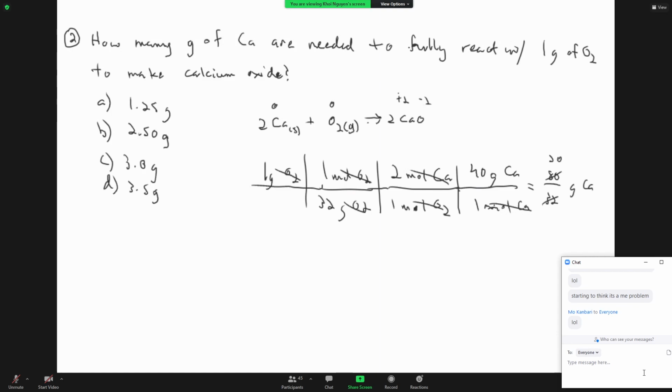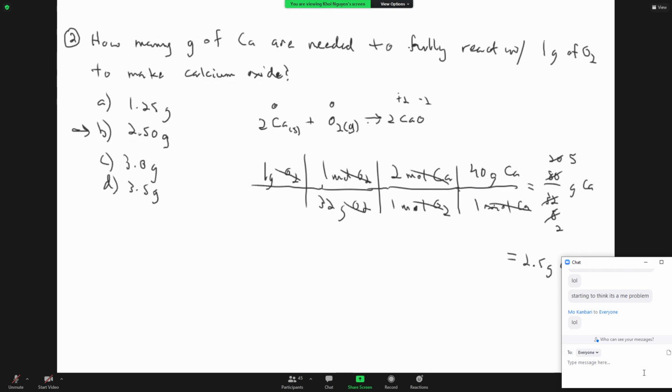That's going to be 20 over 8, divide by 4 again. That's going to be 2 over 5. So 2/5 or 2.5 grams of calcium. Very good for those who are killing it today.